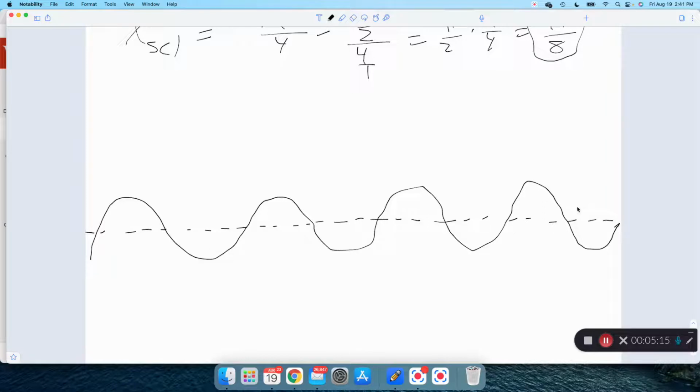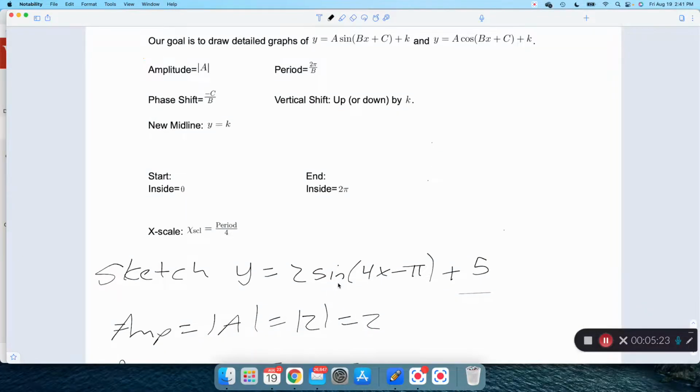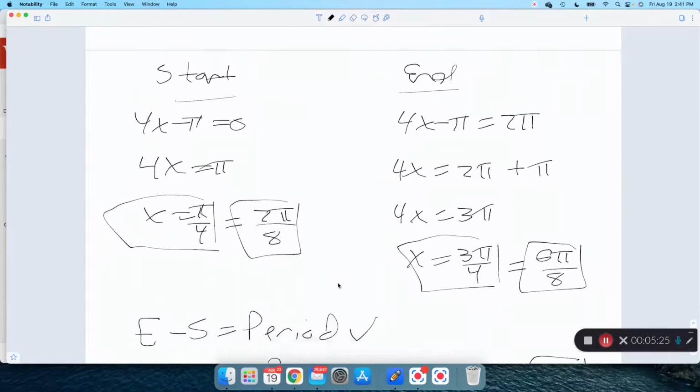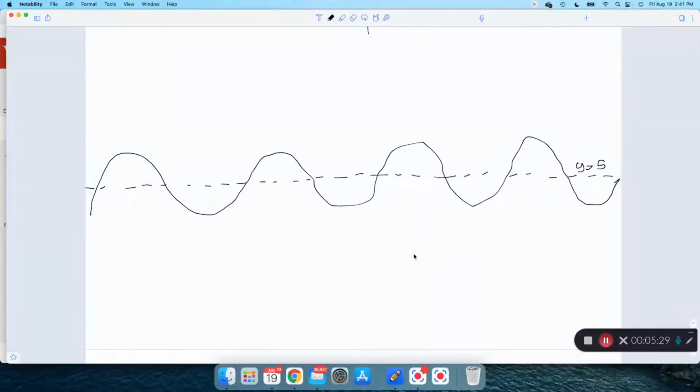Y equals 5. Okay, who are we graphing? Sine. 2 pi over 8 and 6 pi over 8. Sine starts and ends at points like this. That is one cycle of sine right there.